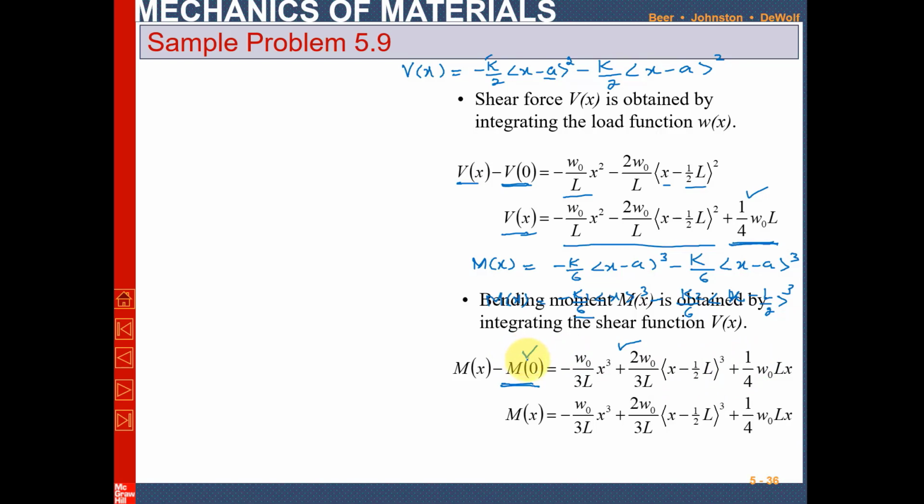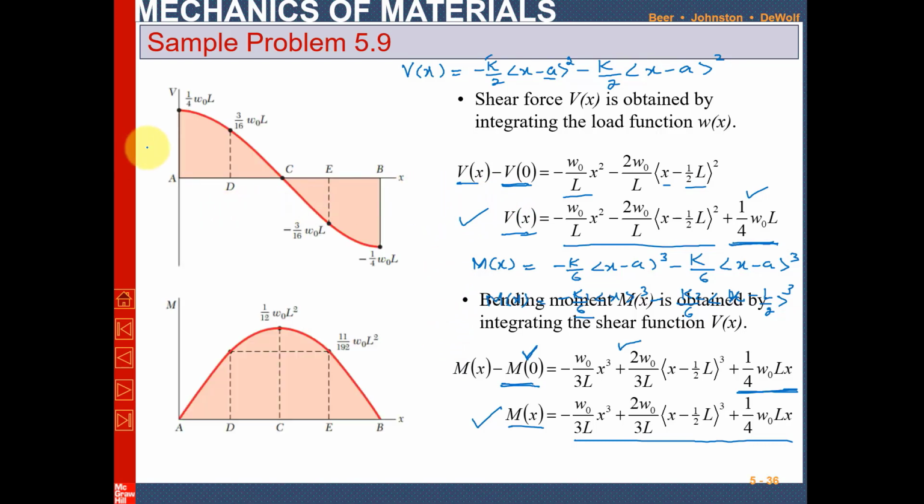The moment at point 0 is equal to 0, and the function of moment due to concentrated load is this. Clear? Which is given at the end. So mx will be equal to this equation. So this is the single bending moment equation for the loading, and this is the single shear force equation for the loading, and this is drawn.